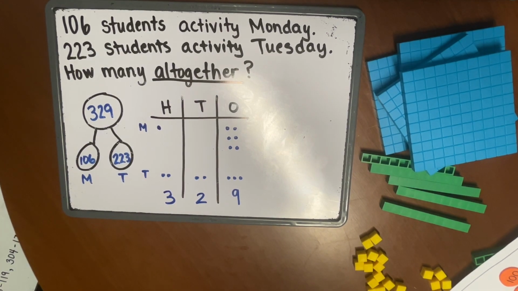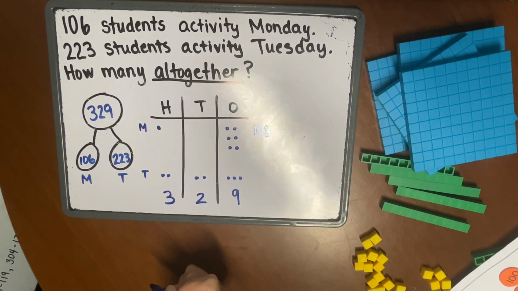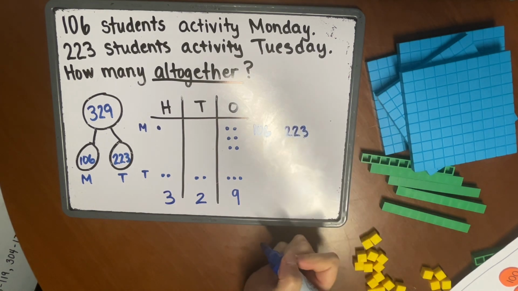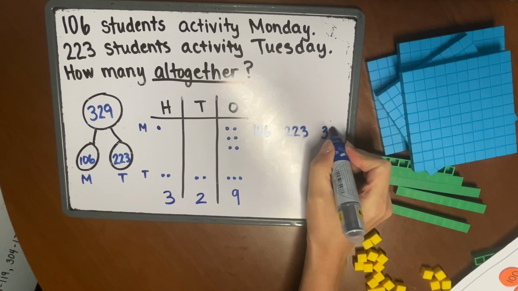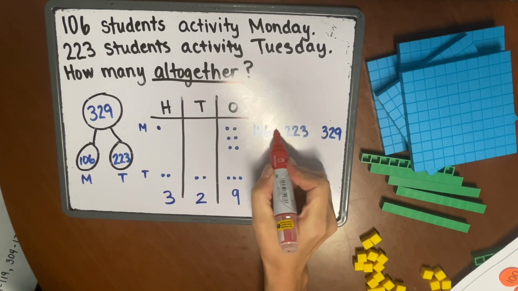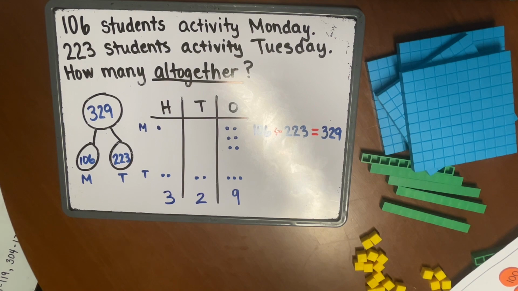What number sentence or equation makes sense for this problem? Well, 106 were on Monday and 223 on Tuesday, which is a total of 329. What symbols could I use? 106 and 223 is the same as 329.